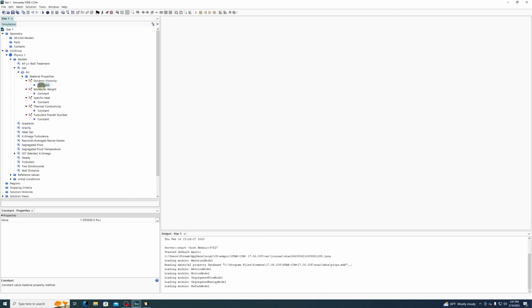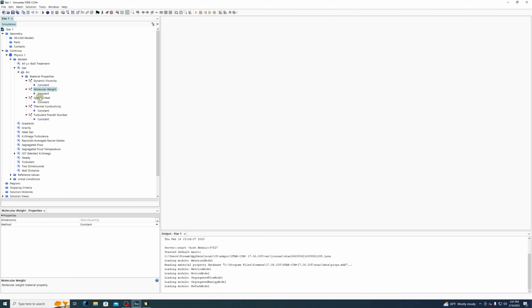It tends to only change noticeably if you have significant swings in temperature on the order of more than probably 20 or 30 degrees Celsius, depending on how accurate you want to be. So if you have large temperature swings, you might need to change that for gases. If you have relatively small temperature swings or no temperature change, then you can just leave dynamic viscosity as constant for whatever temperature you're modeling.